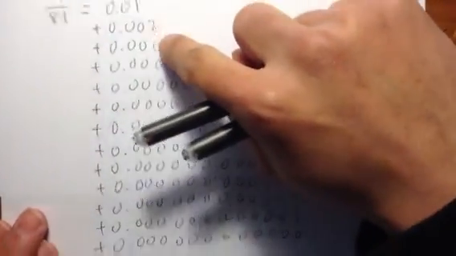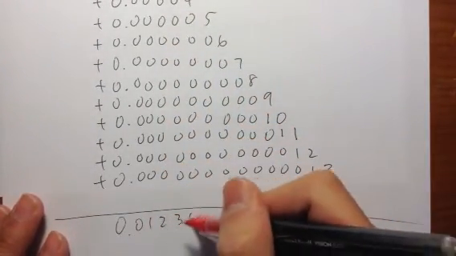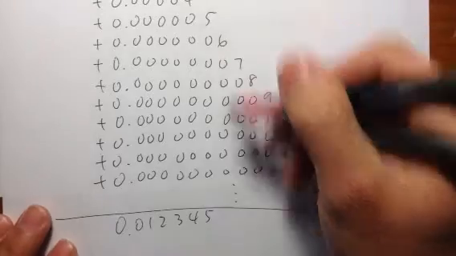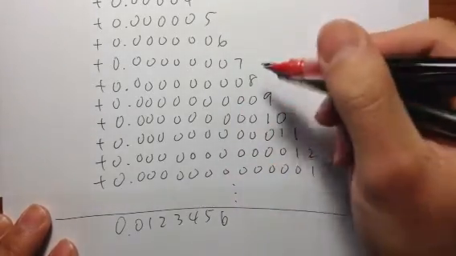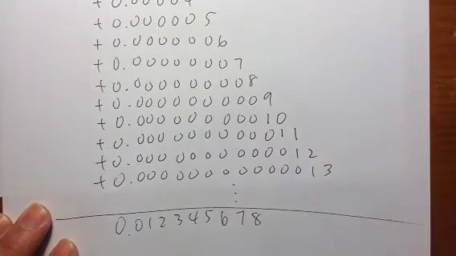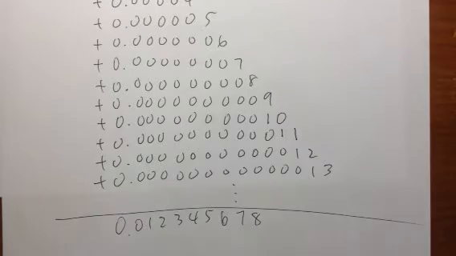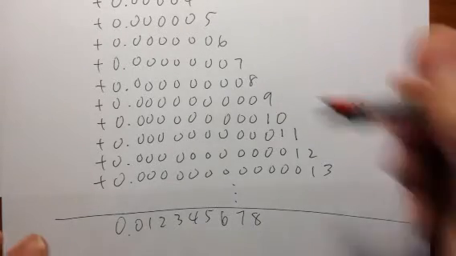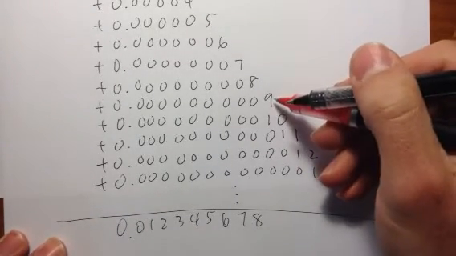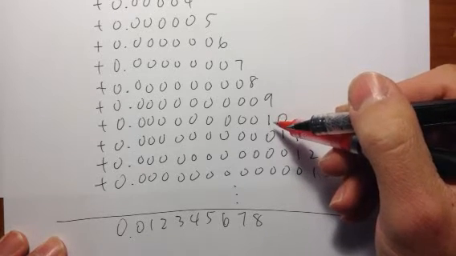Likewise, I have the 2 plus a bunch of zeros, so I have 2, and 3, 4, 5, 6, and the 7 and the 8, right? Technically, 8 plus 0 is 8, right? And what's the next one? Well, I actually have 9 plus 1. 9 plus 1 is actually 10.